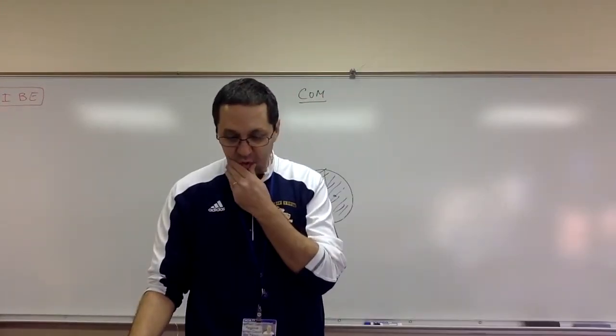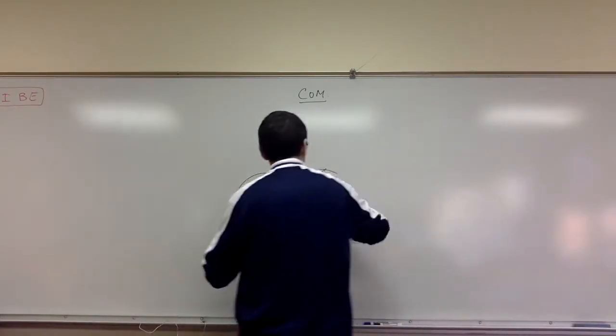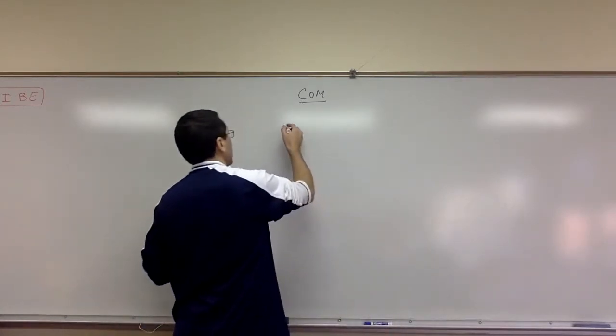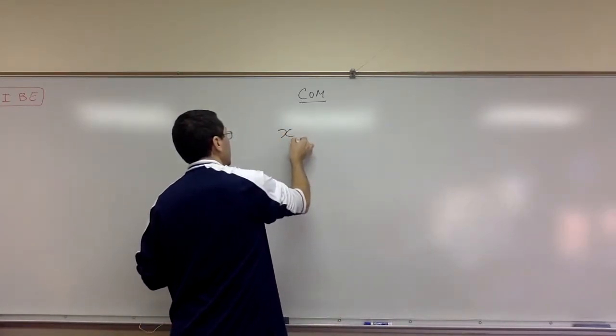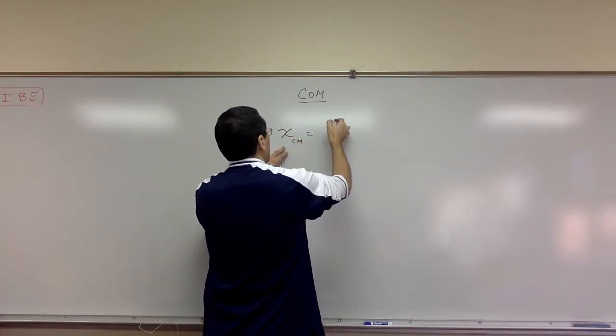You have the formula in your packet. I'm going to write it on the board. We're going to do maybe one or two examples and that's it. All right. The position of the center of mass equals M1, that's the object.